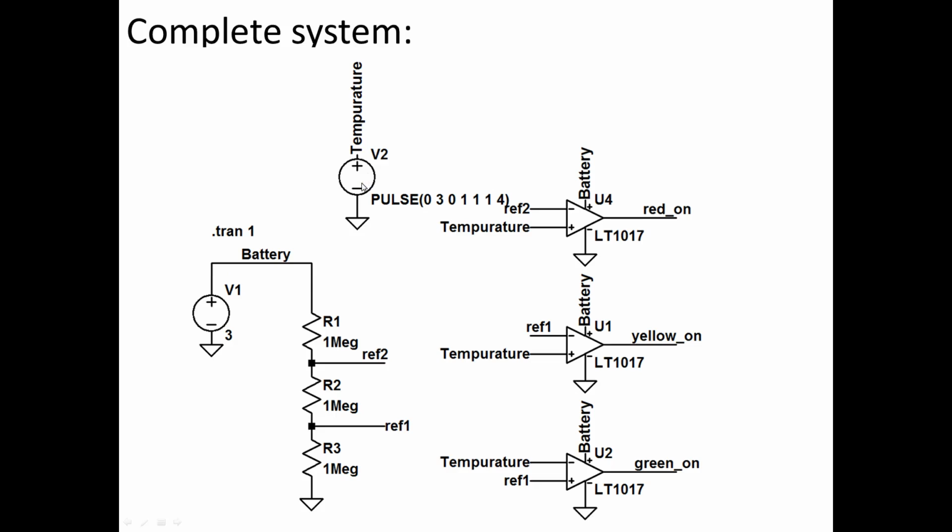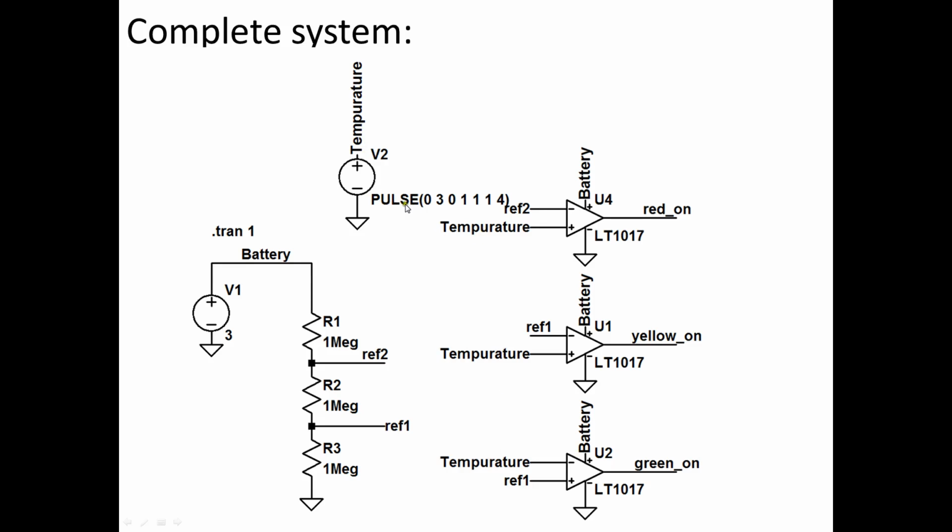This voltage source here, I'm calling temperature. And everywhere you see the word temperature, you can assume that it's connected by a wire, and that if this is 1 volt, then temperature here is 1 volt, this is 1 volt, and this is 1 volt. If this is 2, it's 2, 2, and 2.